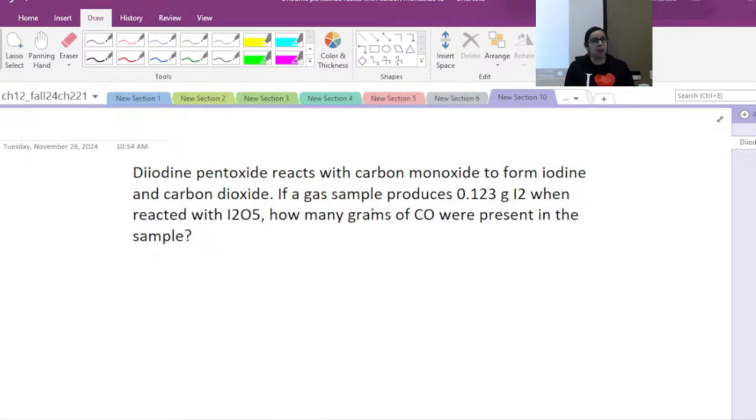Good warm-up, though, for stoichiometry. Yeah, so this is moles, stoichiometry.